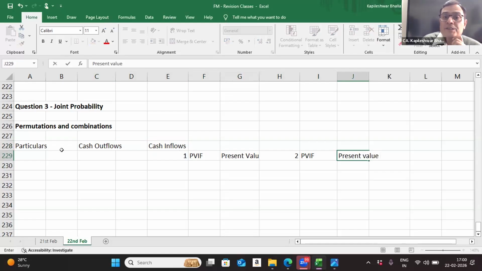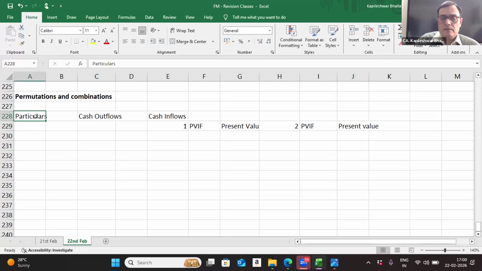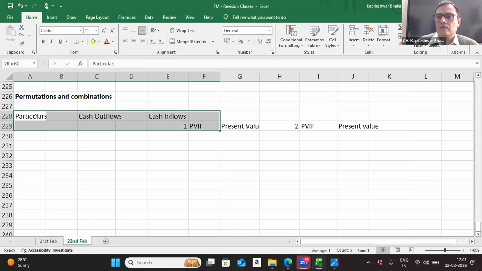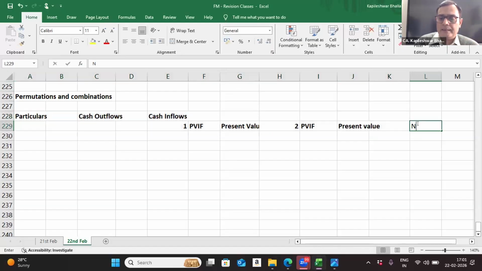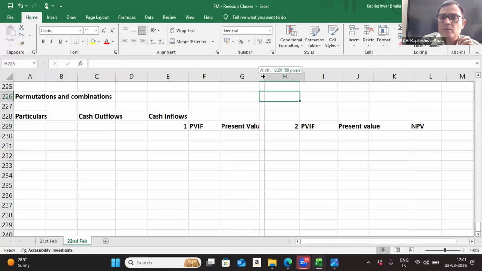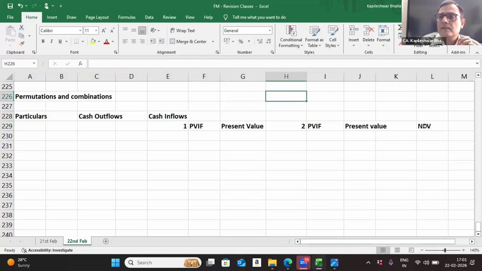So I'm just organizing the information clearly, and then we can get the NPV directly out here itself. So we can calculate the NPV. So this is my present value and this is my NPV. Okay.